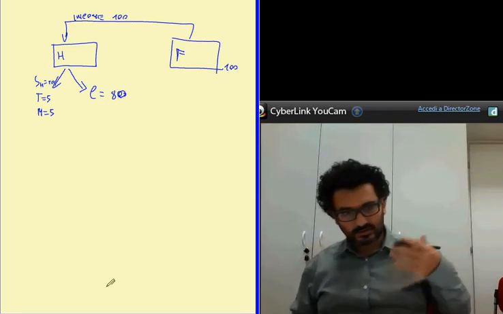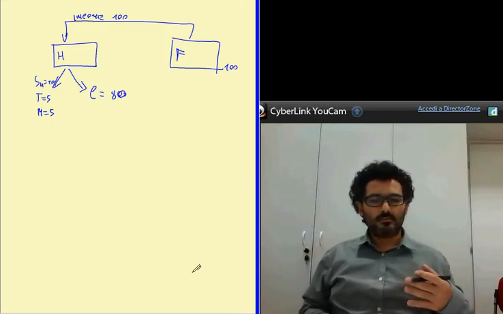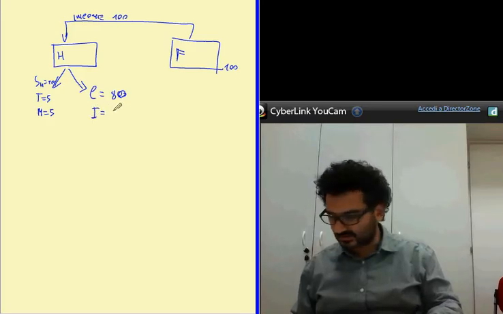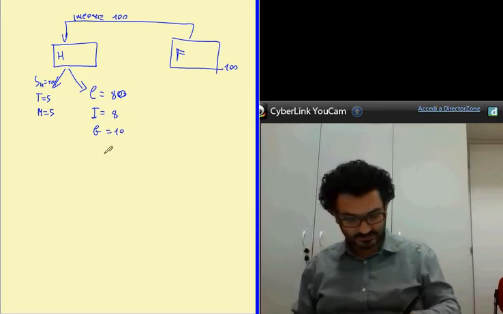Now, in order to have the equilibrium, we have more degrees of freedom because we can consider also again investment, which for instance can be equal to 8. We can have also government expenditure, which should be equal to 10, for instance.